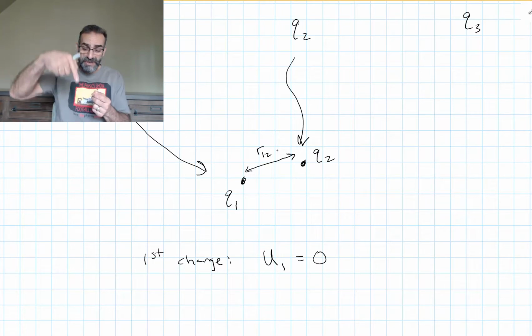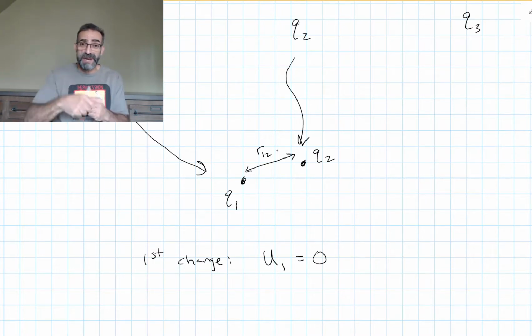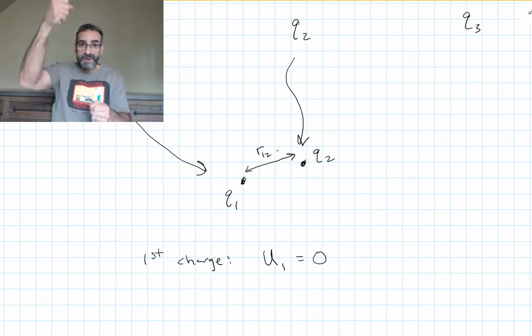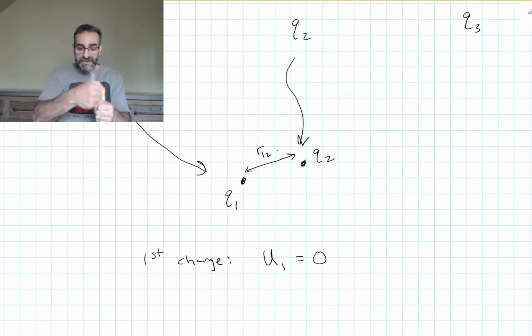We had to push Q2 in because it's being repelled by Q1. And if they're opposite signs, we had to do negative work because it's being attracted and pulled in faster and faster toward Q1, but we had to slow it down and stop it a distance R12 away from Q1. So we had to do negative work on it. So either way, whether this charge is positive or negative, we had to do some work on it.